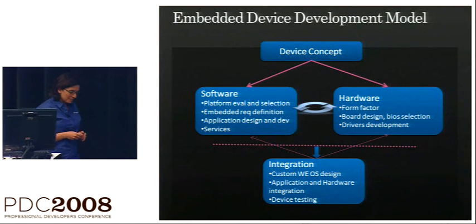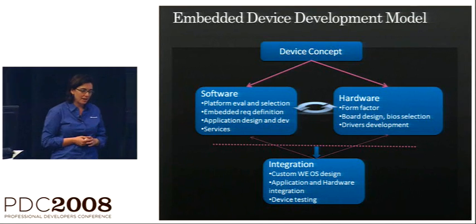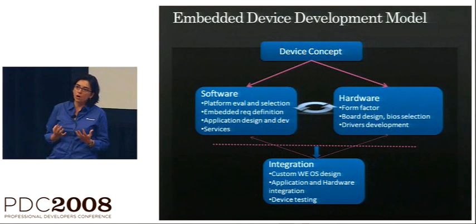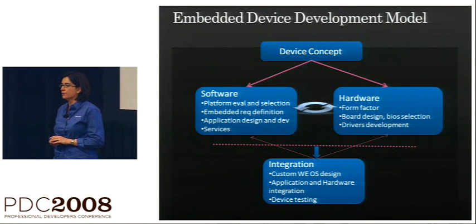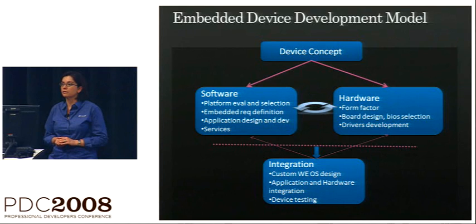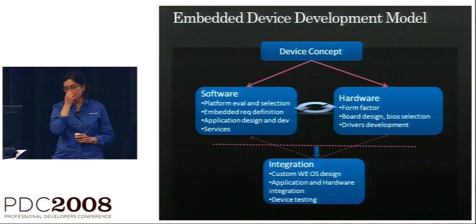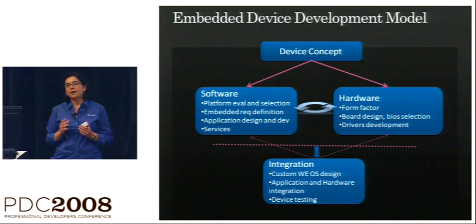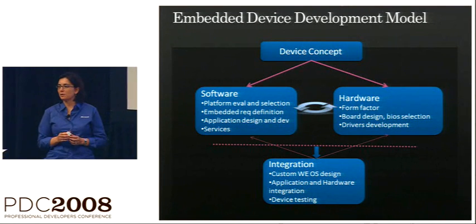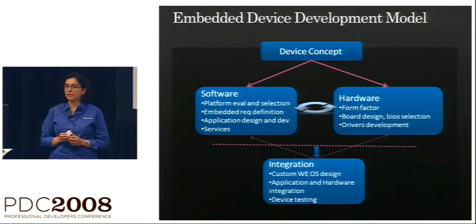Okay, so let's go a layer deeper now. We have talked about all these cool developer technologies that enable nice scenarios. Now, how do we actually take advantage of these things, and how do we build our OS image? I was really thinking hard about what's a good device development lifecycle model for embedded devices.